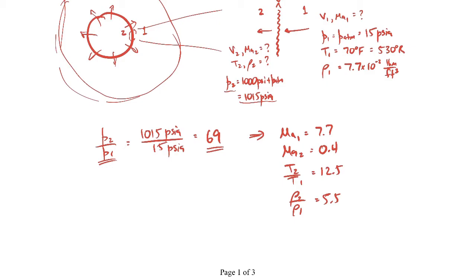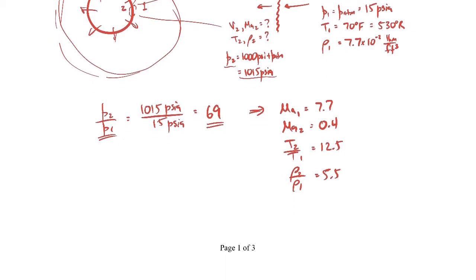Now, if we want to find the velocity coming in, what we can do is find the temperature, and from the temperature we can get the speed of sound, and from the speed of sound and the Mach number we can get the velocity. So let me just jot that down somewhere here. So to find V1, what we could do is take the Mach number 1 times the speed of sound 1. The speed of sound upstream is just the square root of kRT1, right?